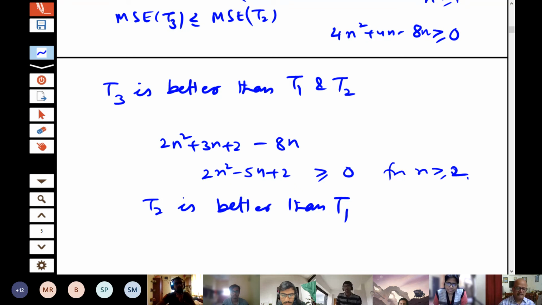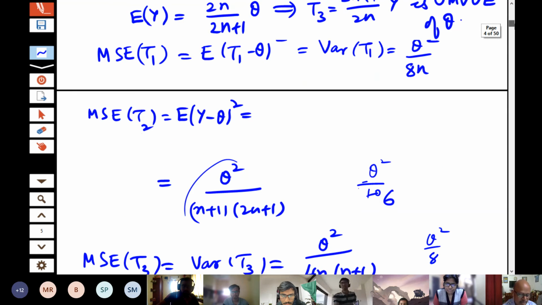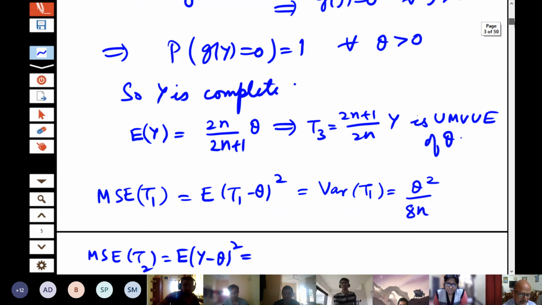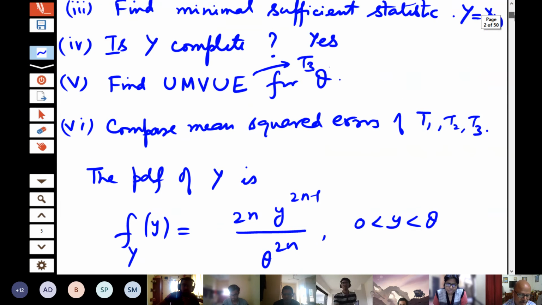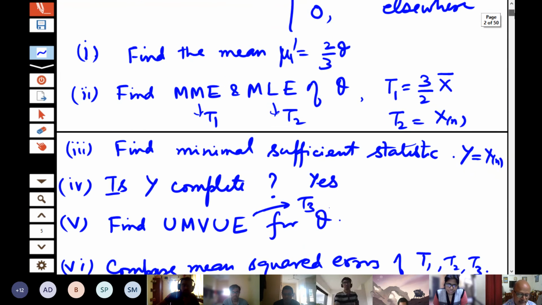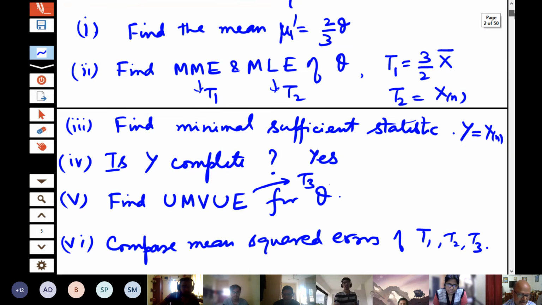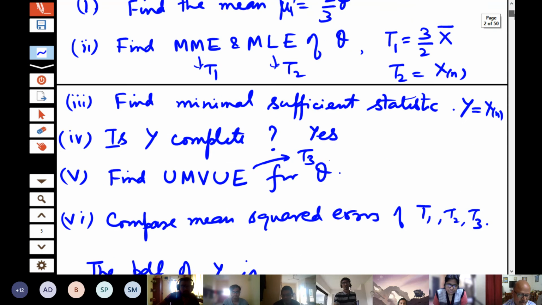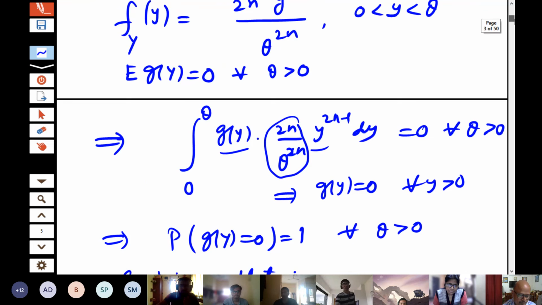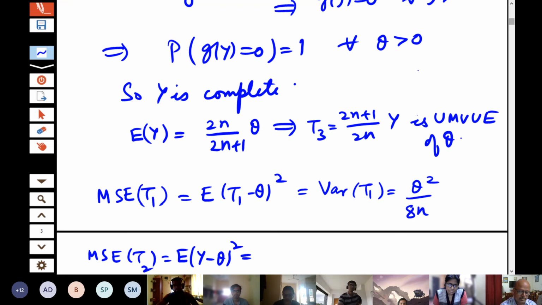If the sample size is large, suppose I consider n very large, and compare T2 and T3: T2 is Yn and T3 is 2n plus 1 by 2n times it. As n becomes very large, 2n plus 1 by 2n goes to 1.